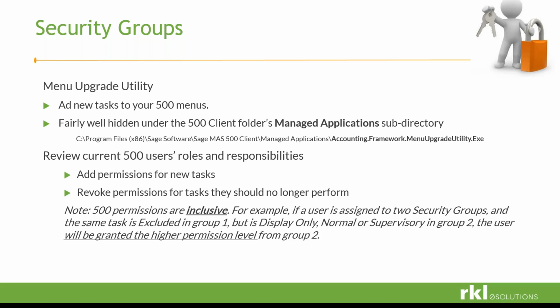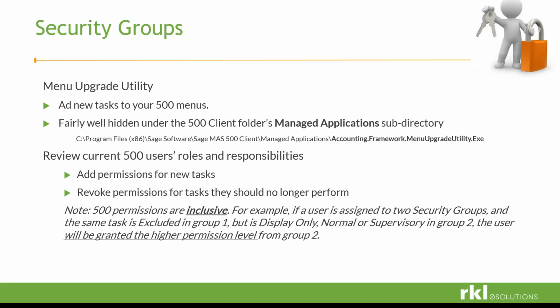This is also a great time for you to review your 500 users' roles and responsibilities. So again, if you've had employees who have left the company or have had users whose responsibilities have changed throughout the year, this is a great time to ensure that they have permissions to all the things they need and revoke permissions for things they may not need.